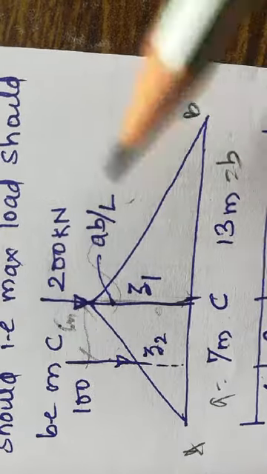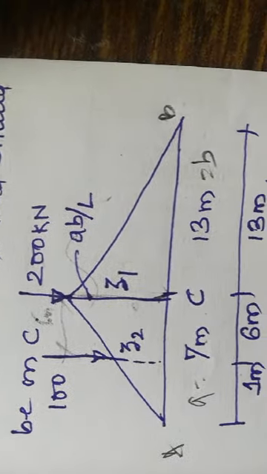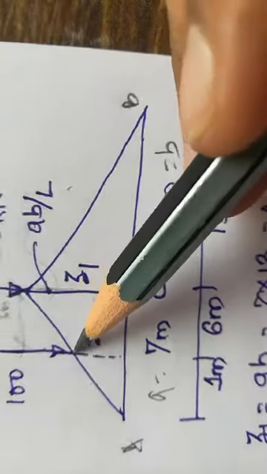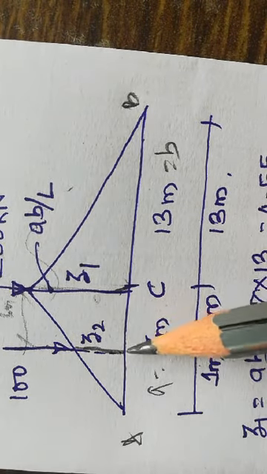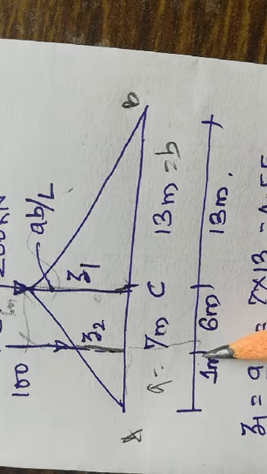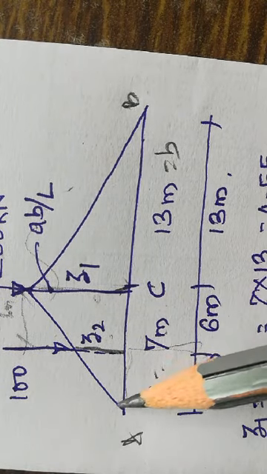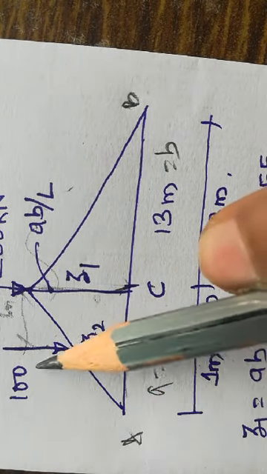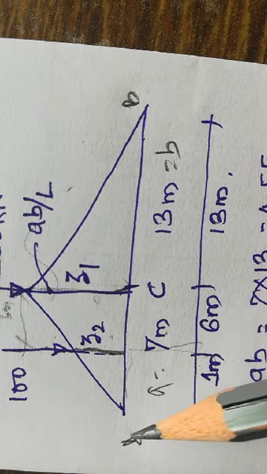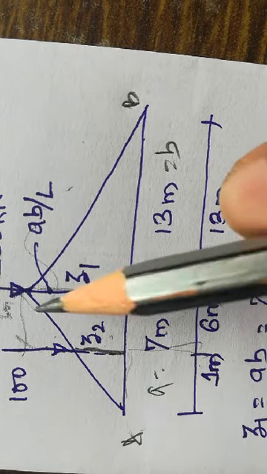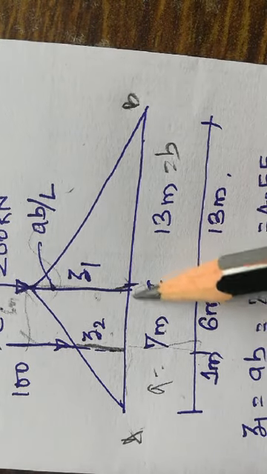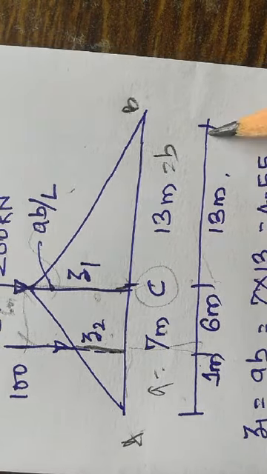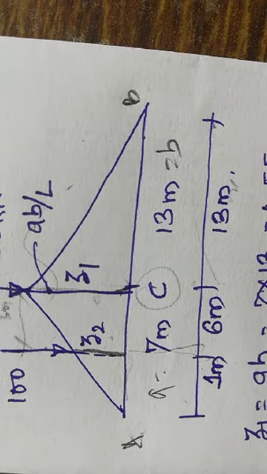The ordinate is AB divided by L. I have drawn the ordinate for the 100 kilonewton as Z2, because I have to calculate Z2 as well. From A, 100 kilonewton is 1 meter away, and 200 kilonewton is 7 meters away, that is at point C, and the other distance is 13 meters.